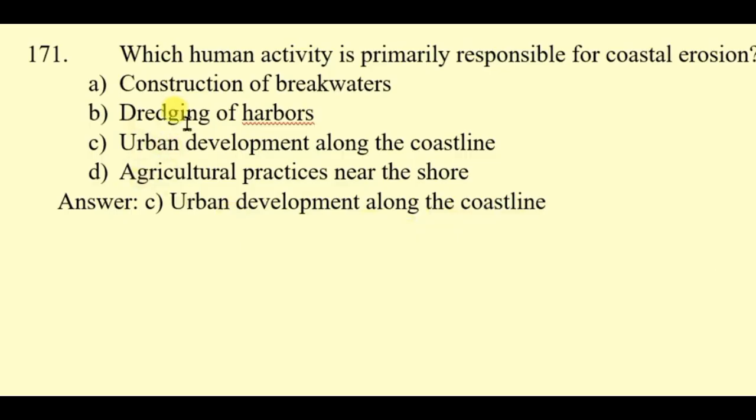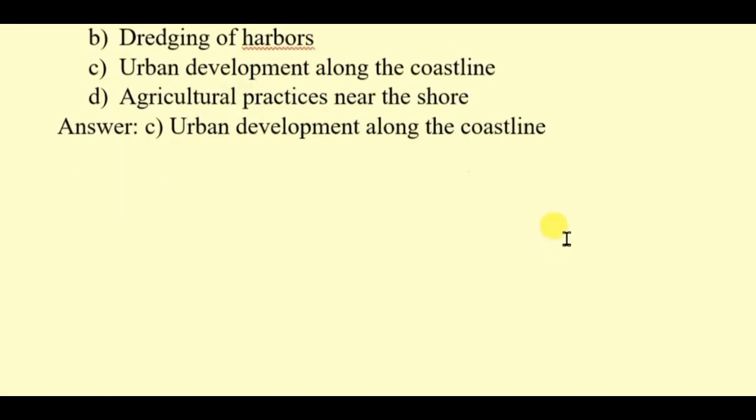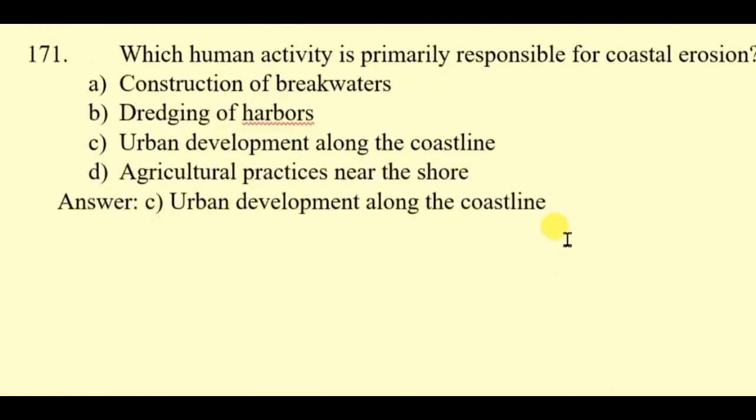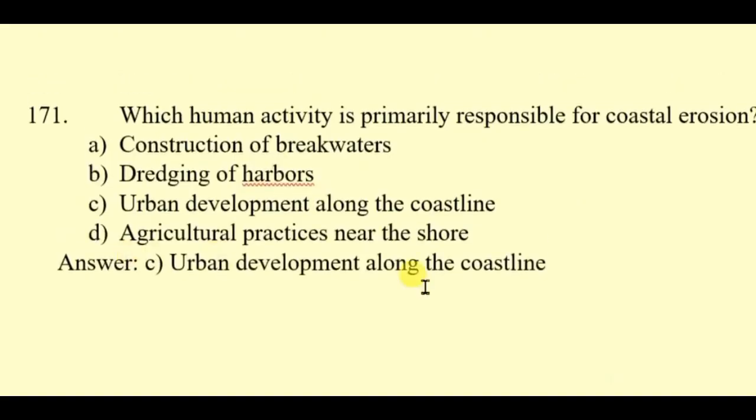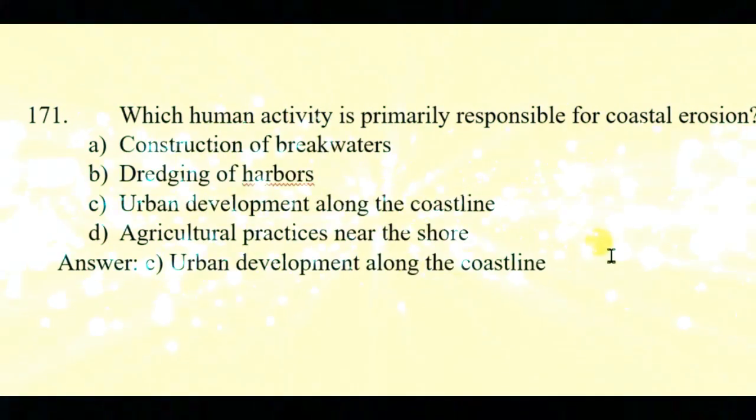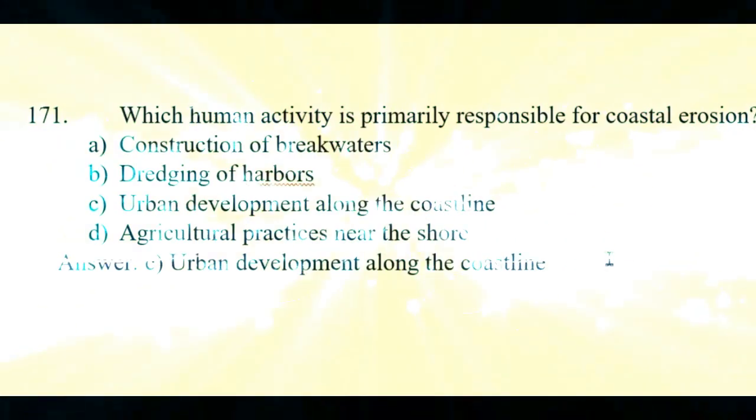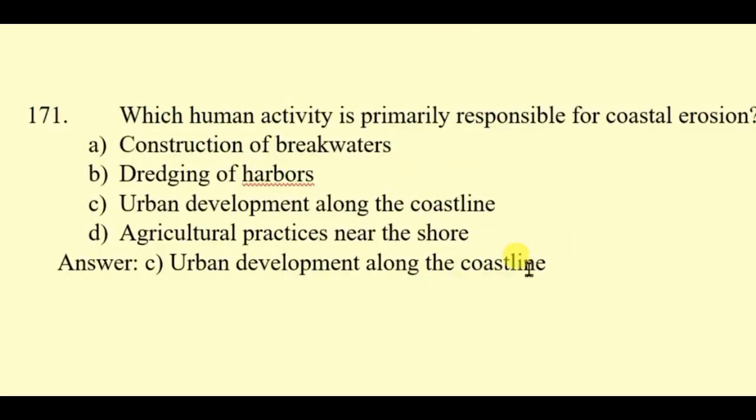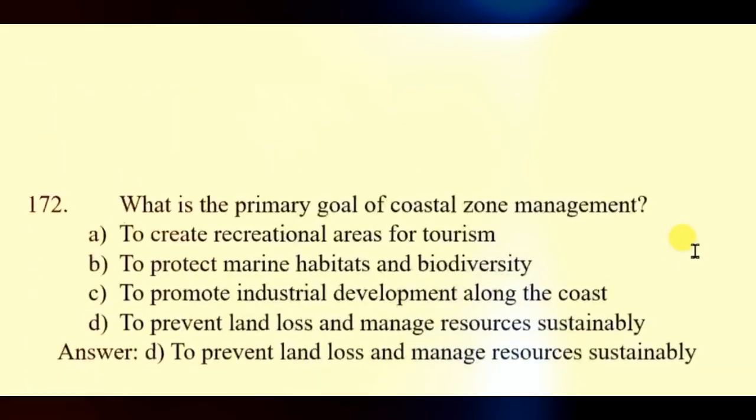The right answer may be the dredging of harbors. Urban development along the coastline is not the absolute right answer, because the impacts of erosion do not depend only on urban development.